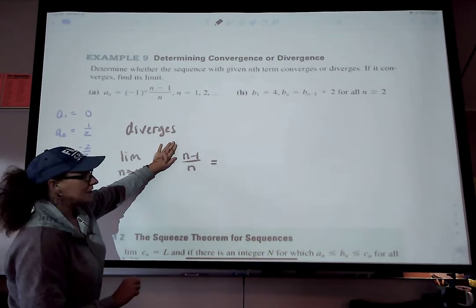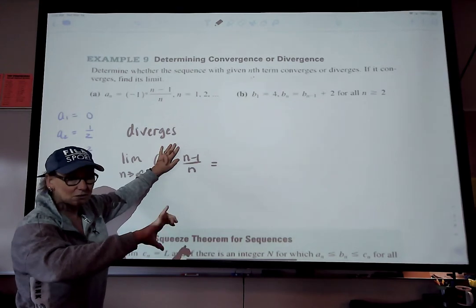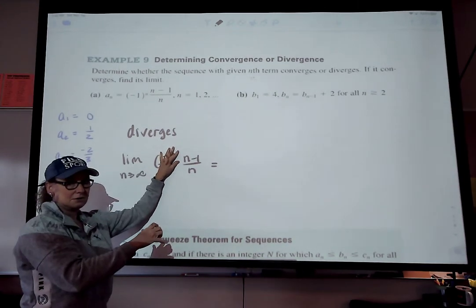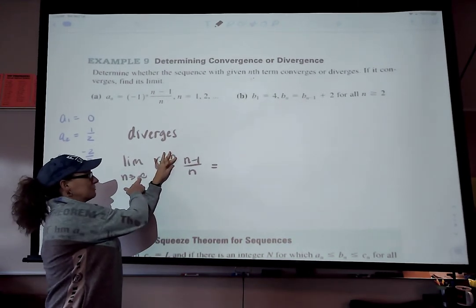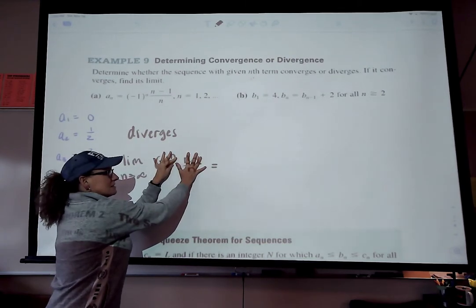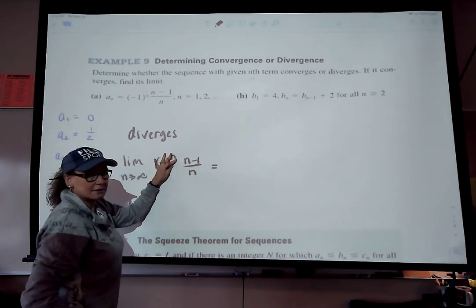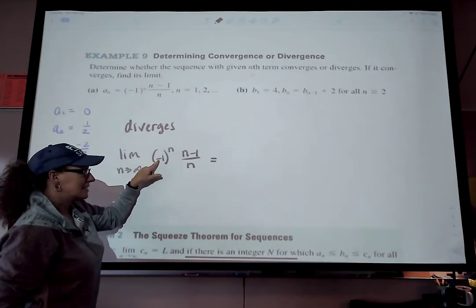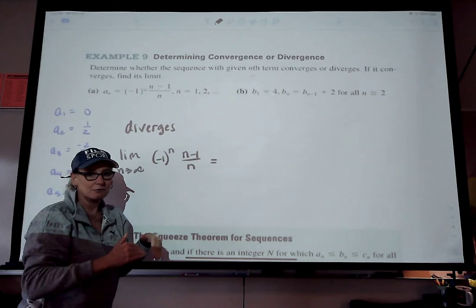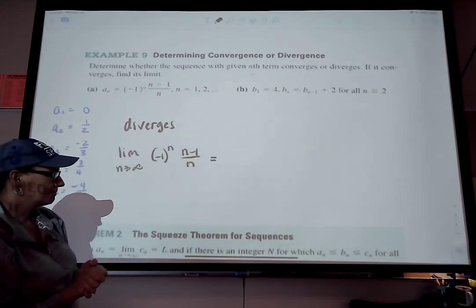If the whole oscillating sign weren't there, I could say as n approaches infinity, this sequence is headed to 1. But since it's there, that means it's oscillating back and forth between positives and negatives.